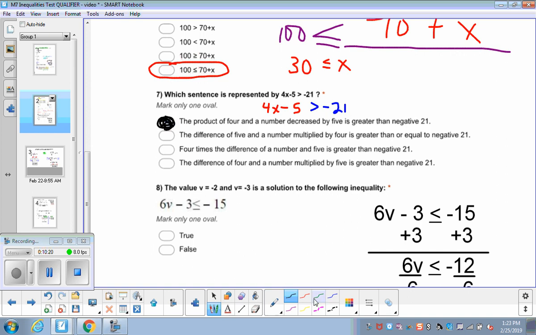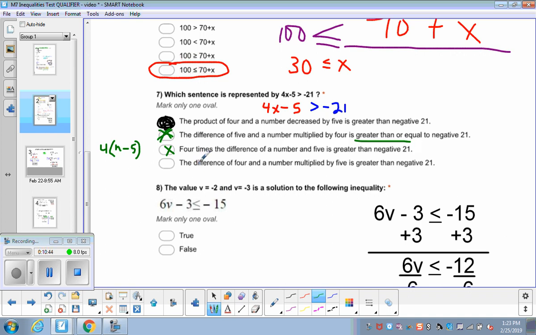Now the next one, I can knock it out because it says greater than or equal to. So see you later. Some of you might have just immediately knocked that out. Some of you see 4 times the difference, and you're like, oh man, anytime we had a difference, it was 4 times, and then we had to put the difference in parentheses. So some of you might have immediately knocked that out.